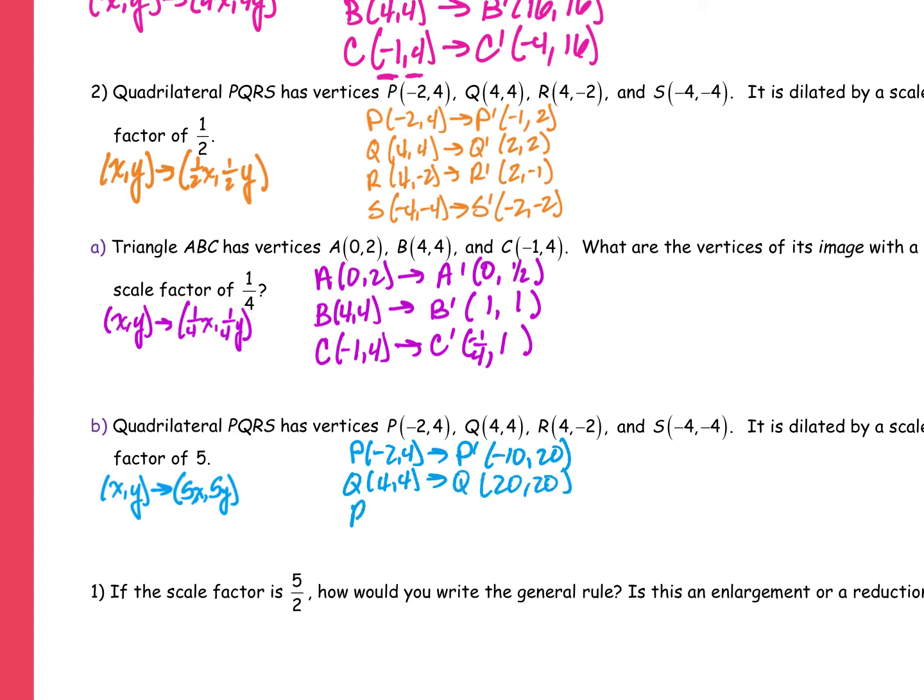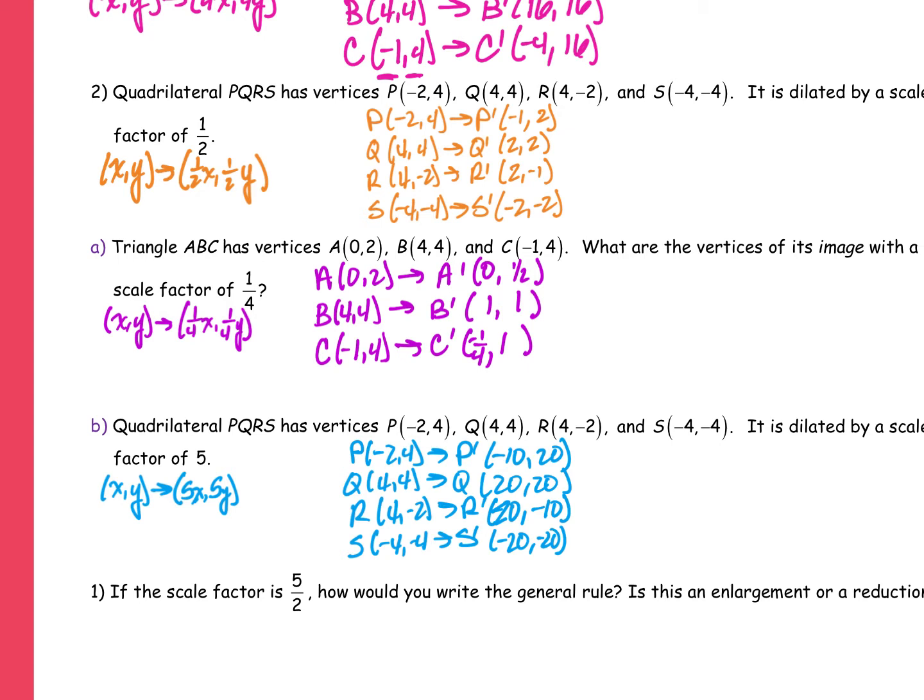And R is, what is R? 4, negative 2, which becomes positive 20, negative 10. R, not S, honey. I think you did S. S is negative 4, negative 4. So S prime is negative 20, negative 20. Okay? Everyone okay with that?